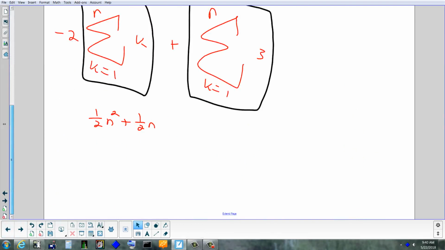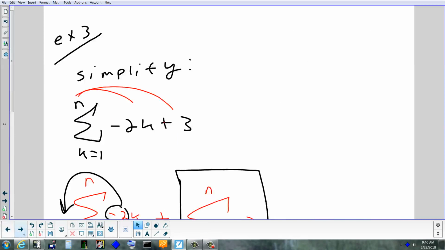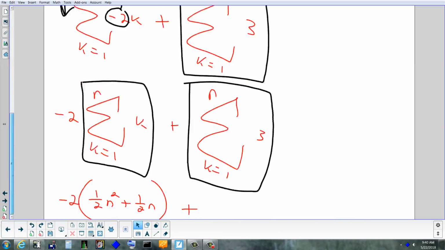That's what's in the box. Don't forget about the negative 2 in front. Plus from 1 to n of the constant 3. So what would that second box turn into? Yeah, 3n.